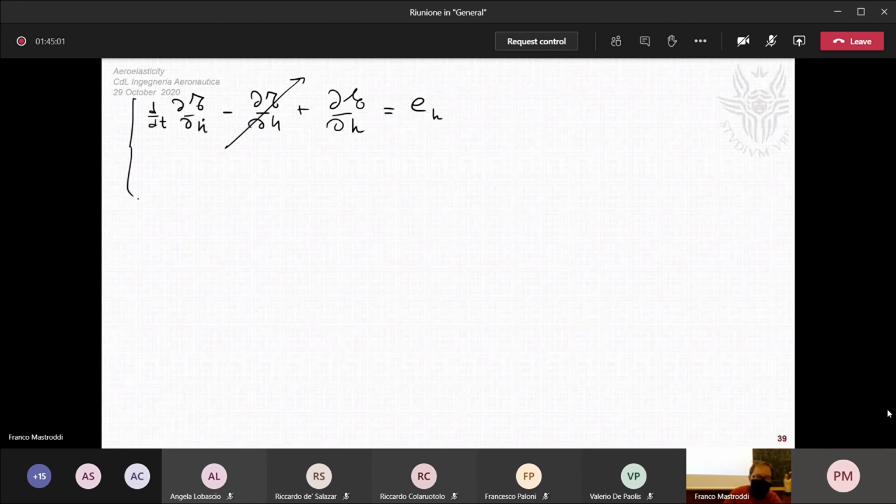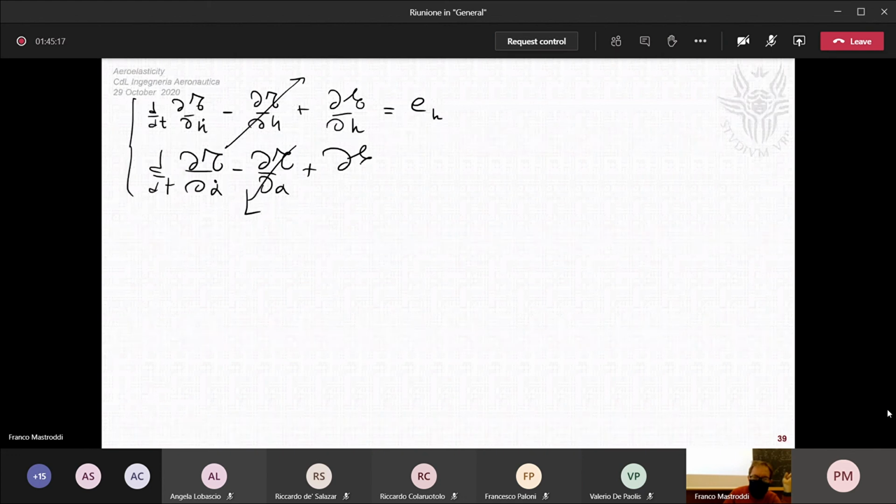And second equation, the derivative of T with respect to alpha dot minus the derivative of T with respect to alpha, we don't have this, plus the derivative of E with respect to alpha equal to the generalized force on alpha. If you recast this, you have this final equation, and that's it for today.